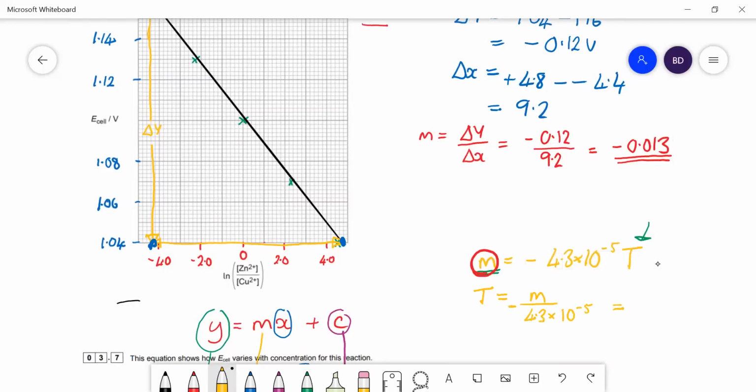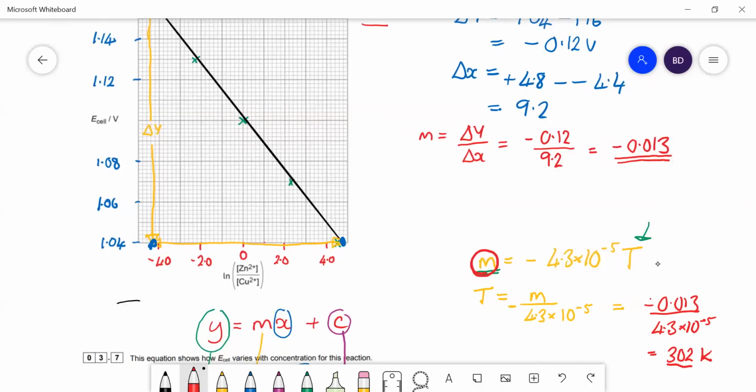M is minus 0.013 over that. That gives us 302 Kelvin. The temperature is the absolute temperature, it's in Kelvin. 302 Kelvin is our answer there.